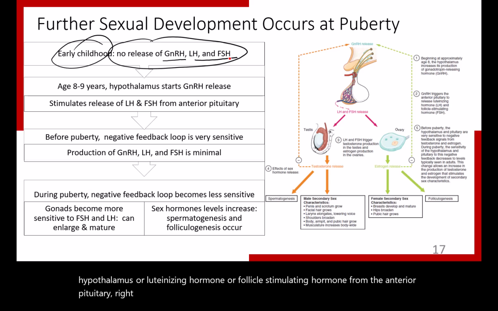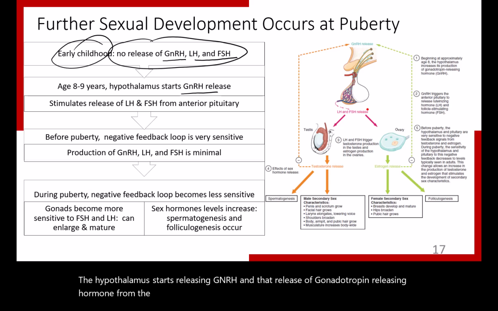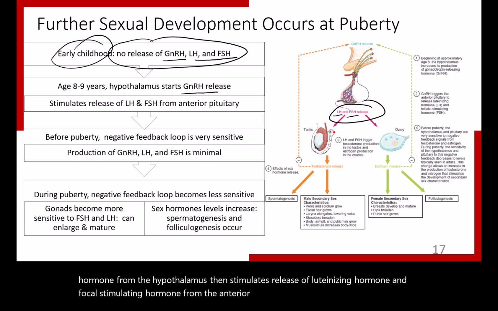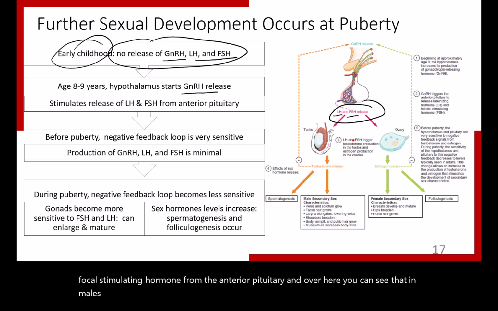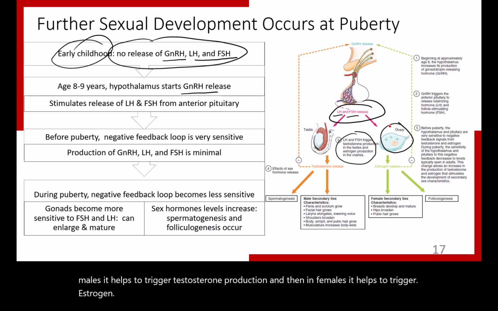And then at around 8 to 9 years old, before puberty, the hypothalamus starts releasing GnRH, and that release of gonadotropin-releasing hormone then stimulates release of luteinizing hormone and follicle-stimulating hormone from the anterior pituitary. And over here, you can see that in males, it helps to trigger testosterone production, and in females, it helps to trigger estrogen production, right?